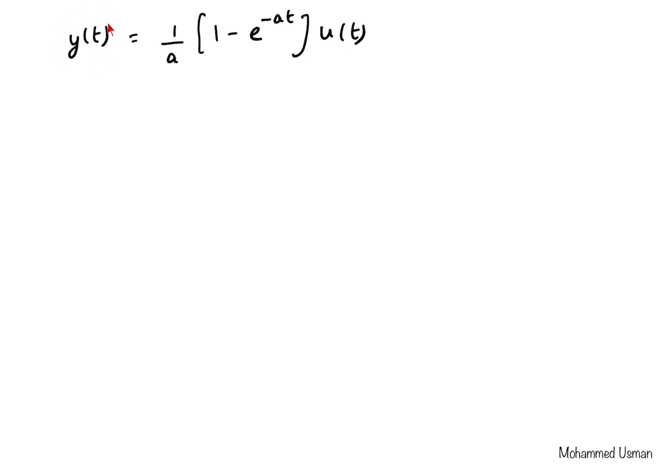So we need to specify the time range in which a particular signal is represented. This y of t is given by this function only for t greater than 0, so we multiply it with u of t. If we represent any signal, whether it's the input signal, the output signal or the impulse response of the system, we need to represent the time range in which a particular expression is valid, because it may be valid only for certain time ranges, as in this example, and outside that time range it will be 0.